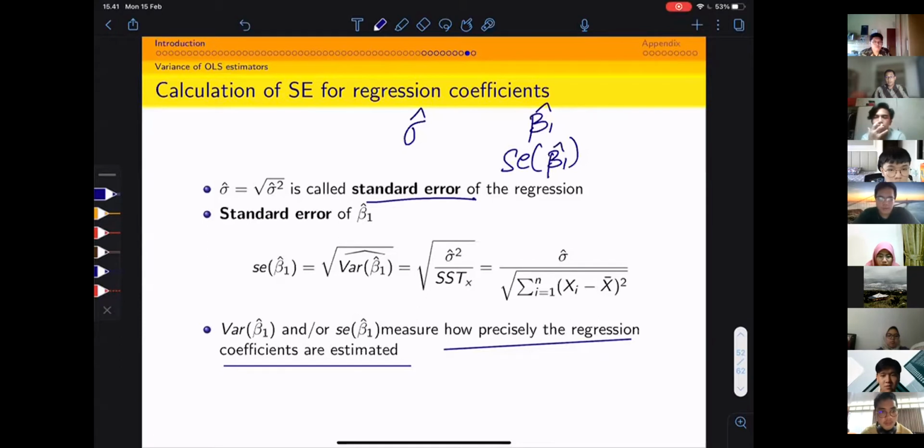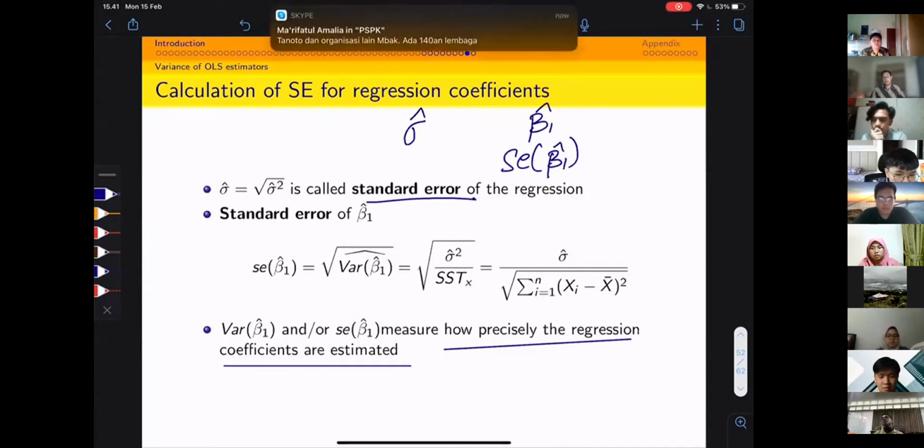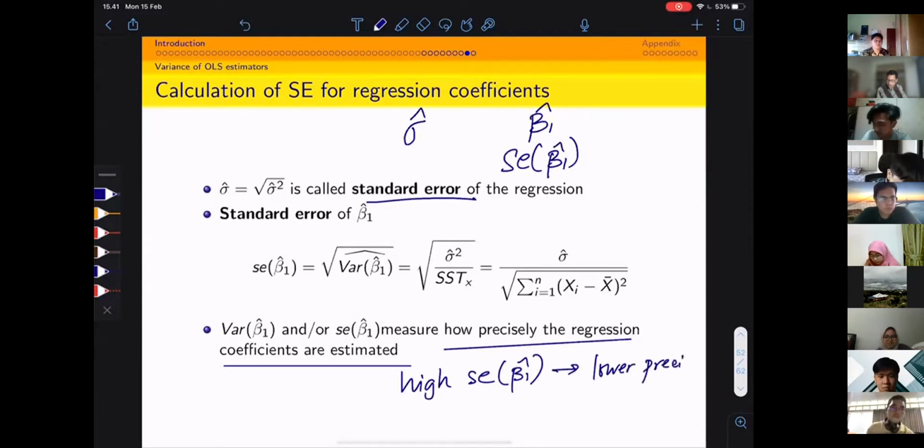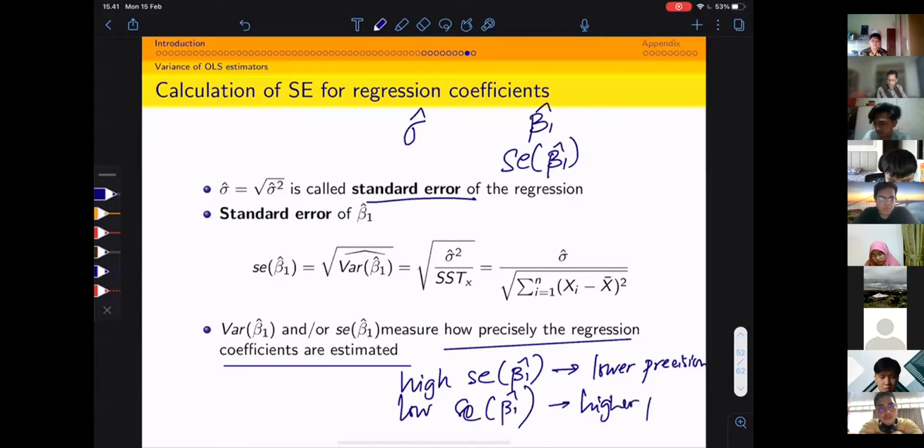The smaller your standard error, the more precise the regression coefficients; the larger the variance, the lower the precision. So a high standard error means lower precision, and a low standard error of beta 1 hat means higher precision. So it's ideal for us to get a lower standard error because it means that we get a higher precision, okay?